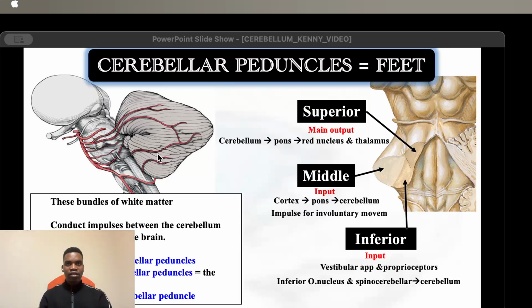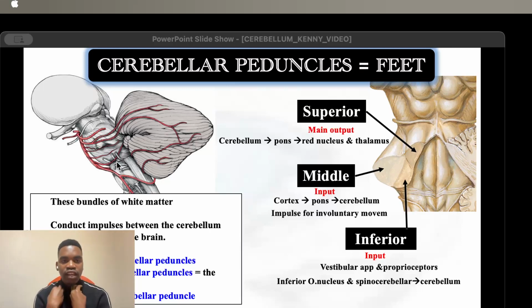You remember those bacteria that use appendages to move along here and there, right? Those appendages, we call them pseudopodia. I don't remember exactly, but the same applies. So the cerebellum uses these appendages to attach itself to the brainstem.